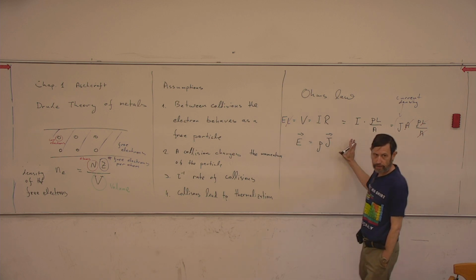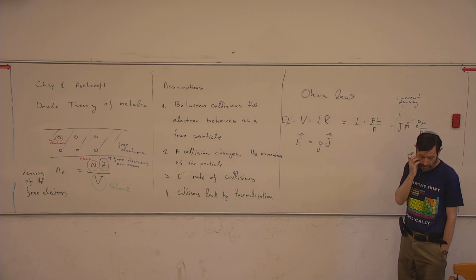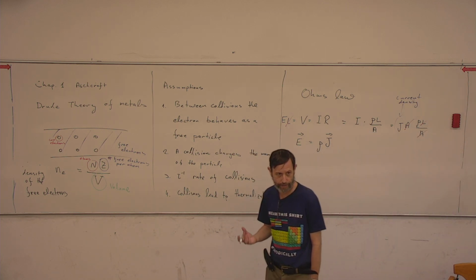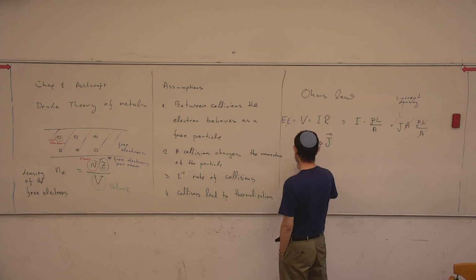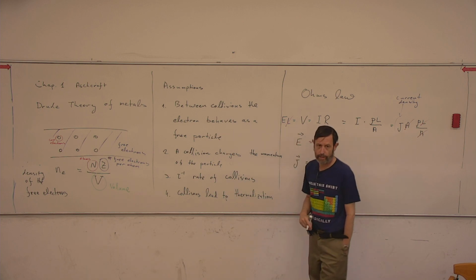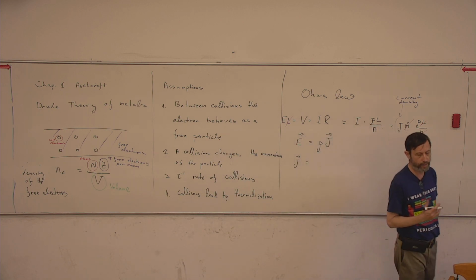All this is electromagnetism. Now we can look at it from the point of view of electrons that are carrying the current in this game. What is the density of the current?